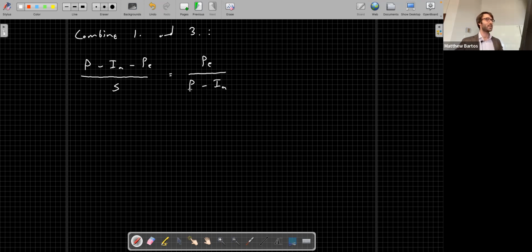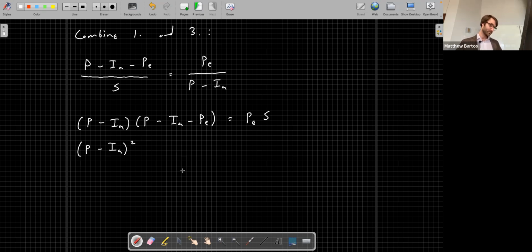Okay, so I'm going to multiply through both sides by this denominator here. We end up with P minus IA times P minus IA minus PE is equal to PE times S. And if we expand out this product, we get P minus IA squared minus P minus IA times the excess precipitation is equal to excess precipitation times maximum storage. And then we can rearrange for PE.